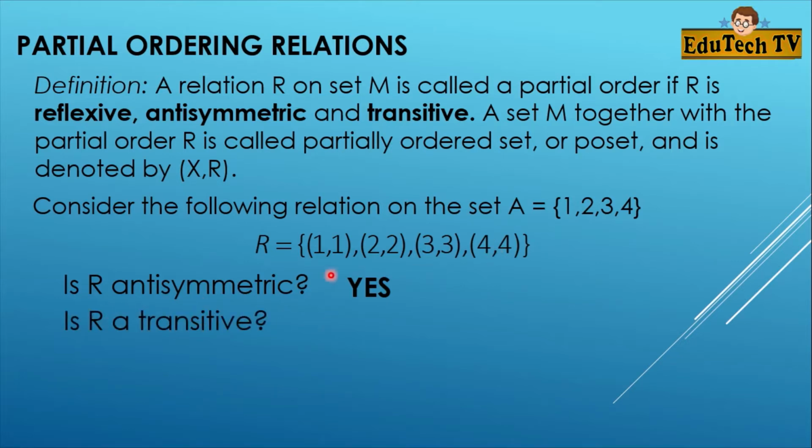It is also transitive kasi they are all identity. And it is also reflexive because all the elements of A have this ordered pair. So since it is antisymmetric, transitive and reflexive, then this R is a partial ordering relation.